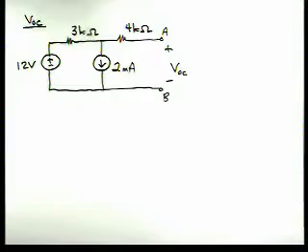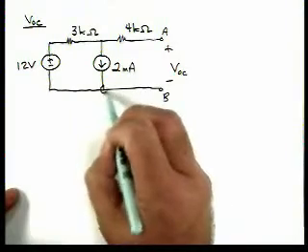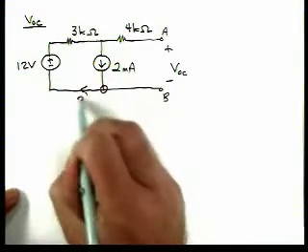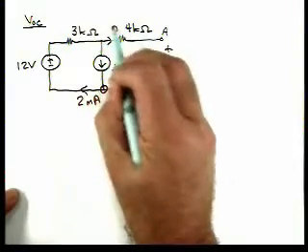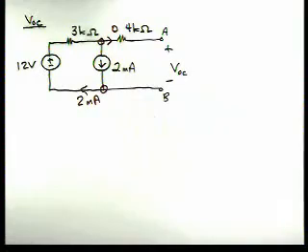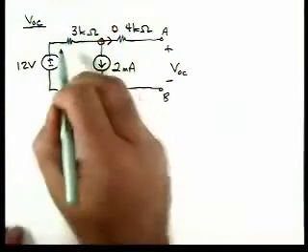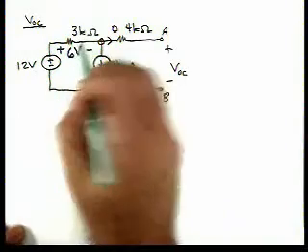and we're going to find the open circuit voltage. If we apply Kirchhoff's current law here, there's 2 milliamps flowing there. There's 0 out there. Okay, so the voltage across this resistor is 6 volts.